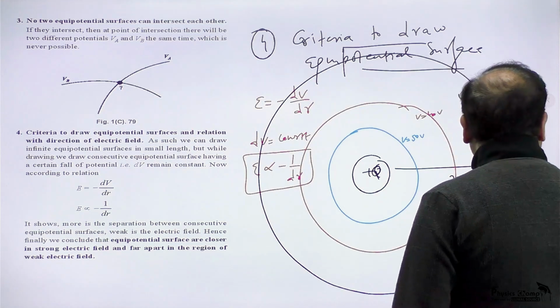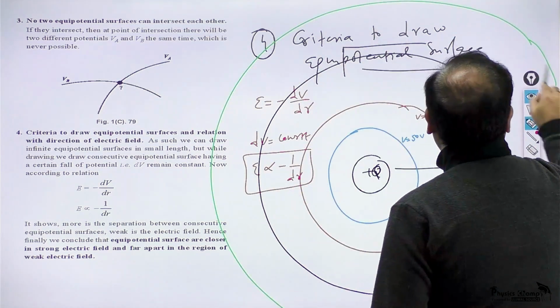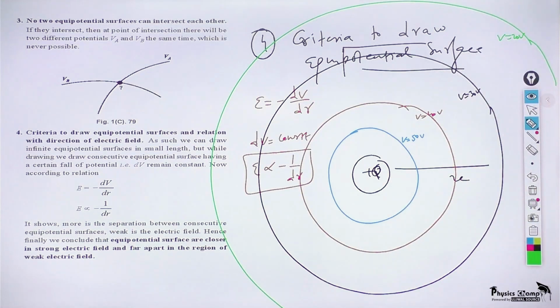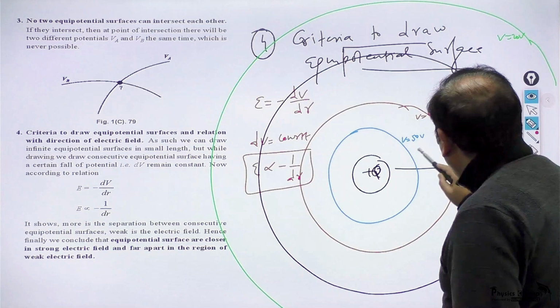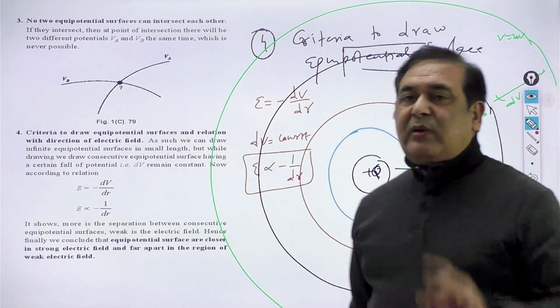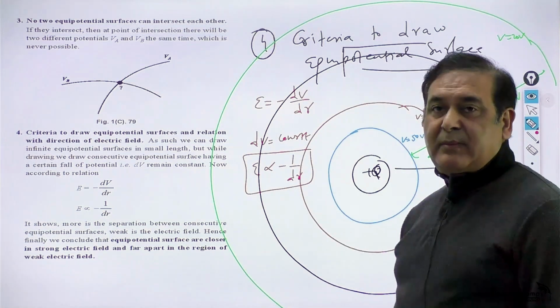I'll draw another equipotential surface, it should have a potential of 20 volt. So the point is that we draw equipotential surfaces and everywhere dV is fixed. So criteria to draw equipotential surfaces: make dV fixed.